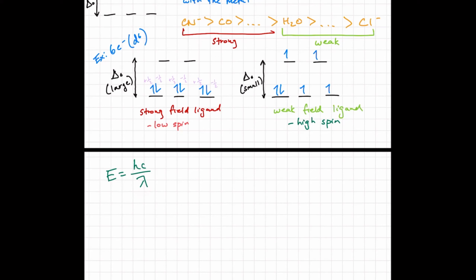So if you have a large delta, that means the electrons need more energy to jump up to the higher level. Because of that, the strong field ligands absorb the lower or smaller wavelength.